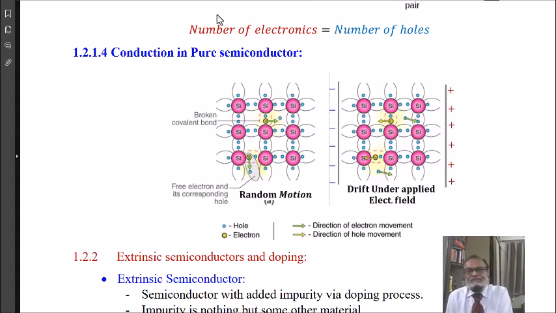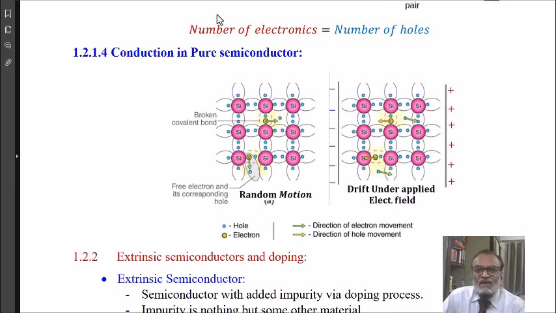So, in summary, whenever the electric field is applied across the semiconductor, there is a directional motion of the particles which constitute the current in the pure semiconductor under the force created by the external electric field.